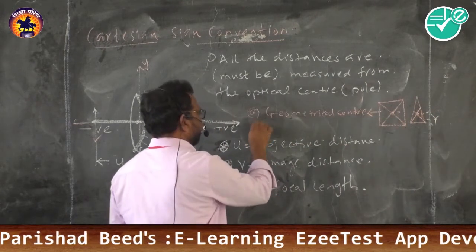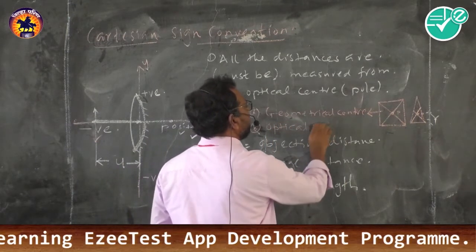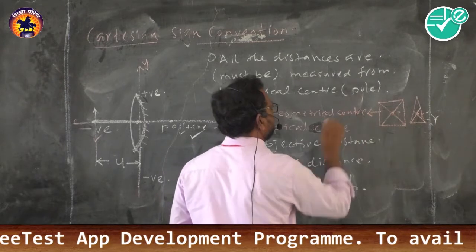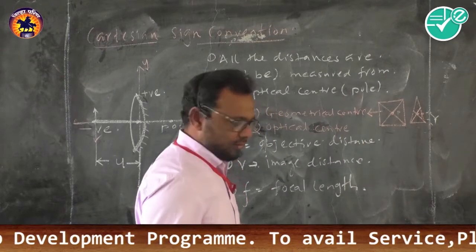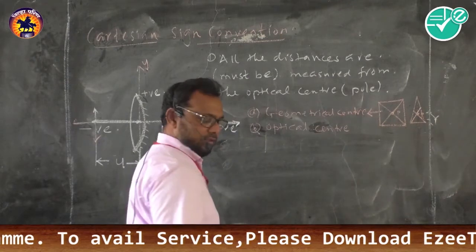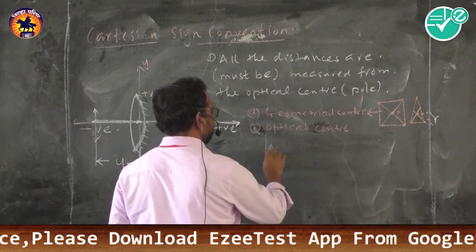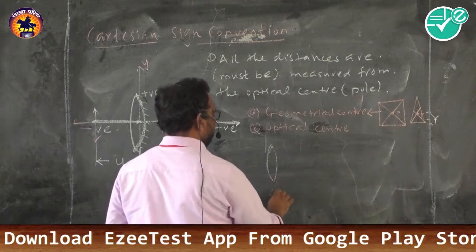Next is the optical center. Suppose a lens is there, a convex lens.